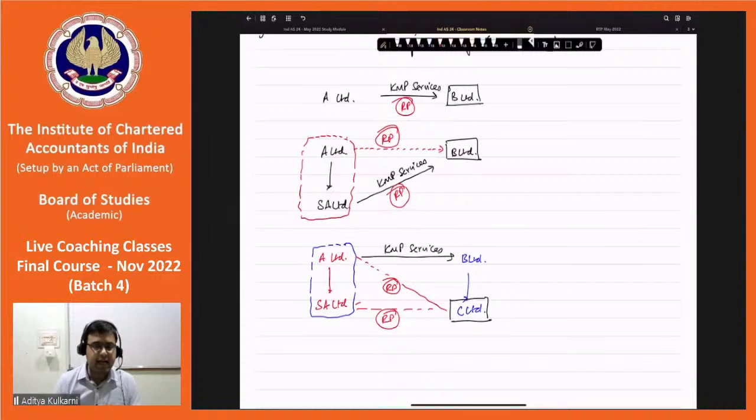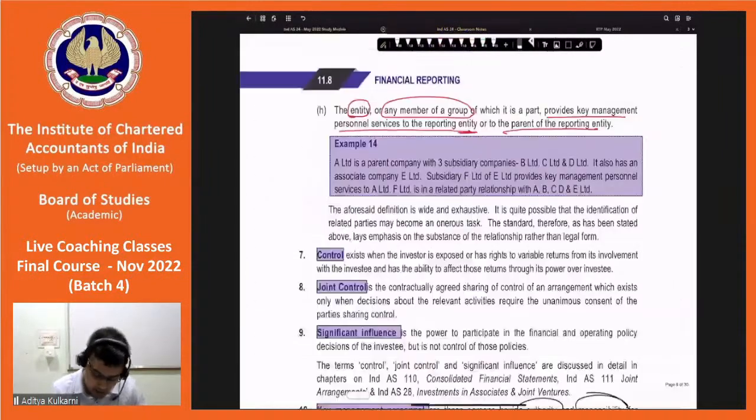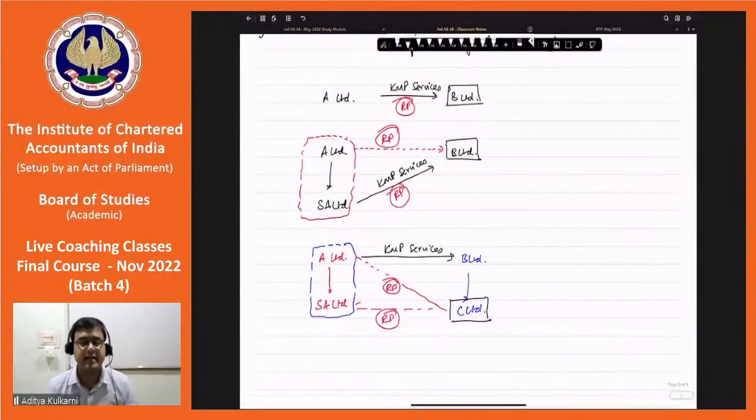So A or SA provide KMP services to the parent of C Limited. Look at the wordings. Provided KMP services either to the reporting entity or the parent of the reporting entity. So for the parent we are giving the services. So therefore A and SA will become related to C Limited.